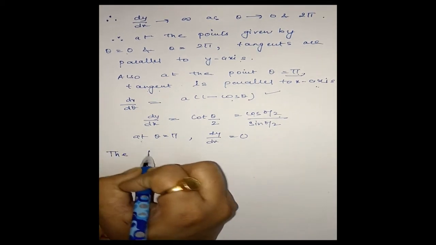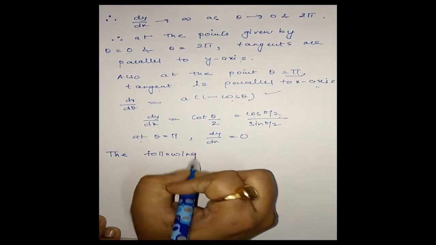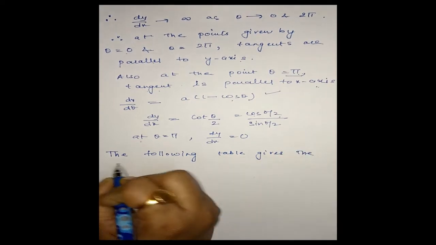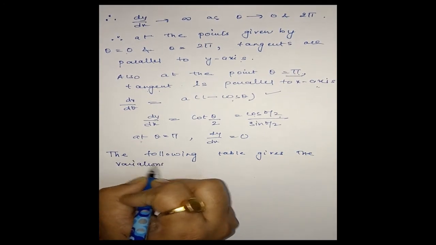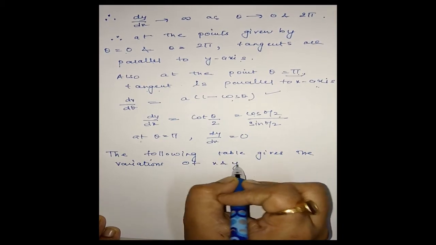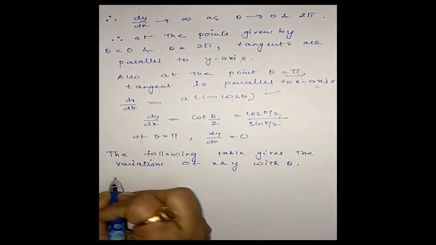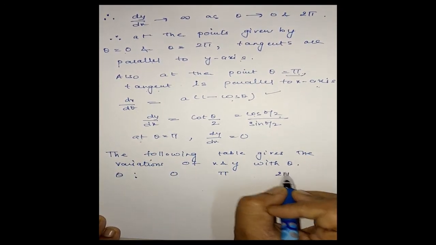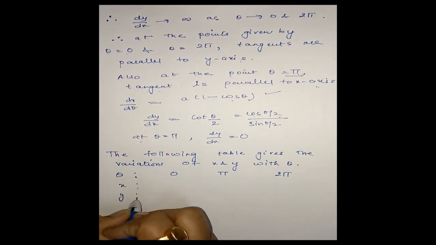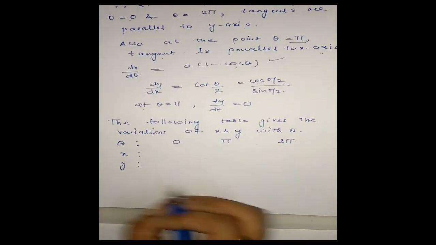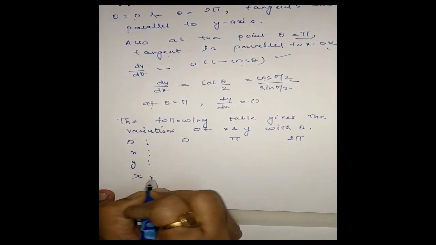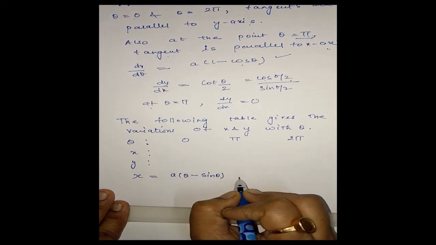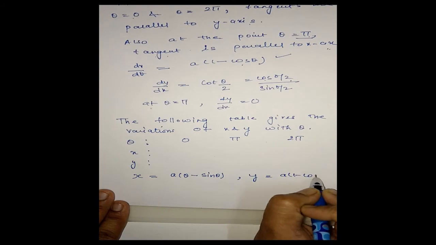Now we will construct the table. The following table gives the variations of x and y with theta. Let theta be 0, pi, 2 pi. We have to find the values of x and y, where x is a(theta minus sin theta) and y is a(1 minus cos theta).